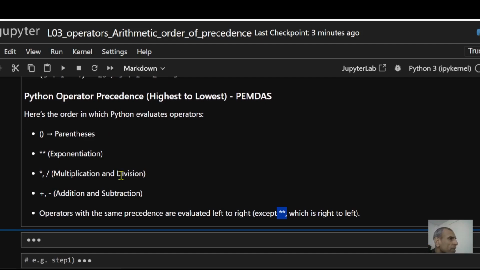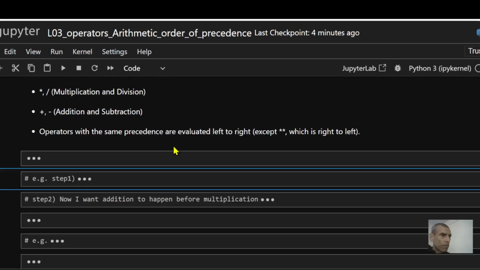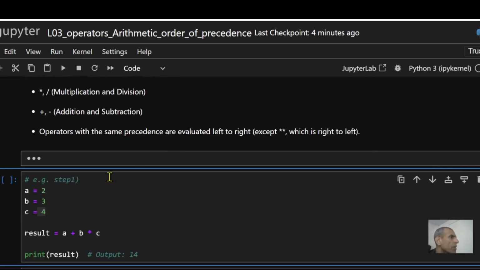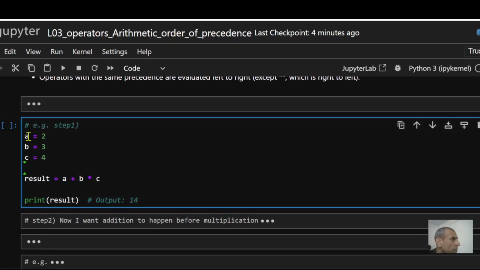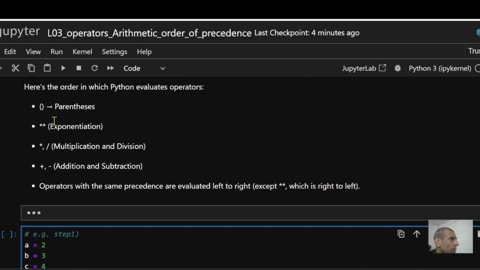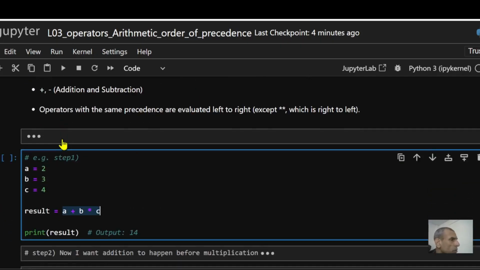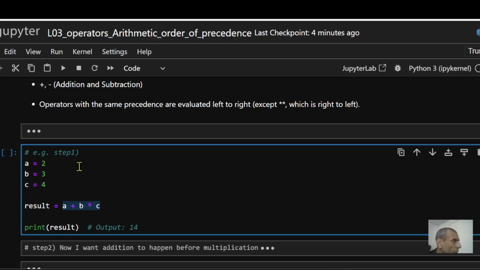Okay, so let's understand this through an example. Suppose you're given this expression right here, and you have to evaluate this expression. Your a is equal to 2, your b is equal to 3, and your c is equal to 4. So in this particular instance, Python follows this rule right here. You have plus and you have multiplication.